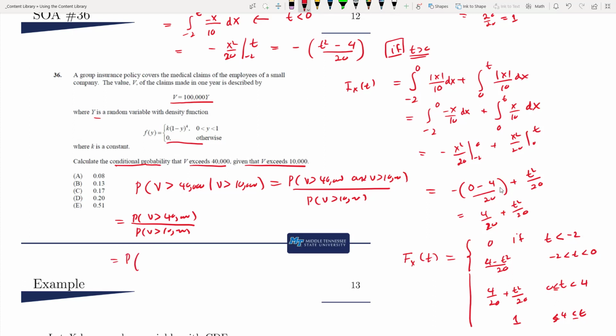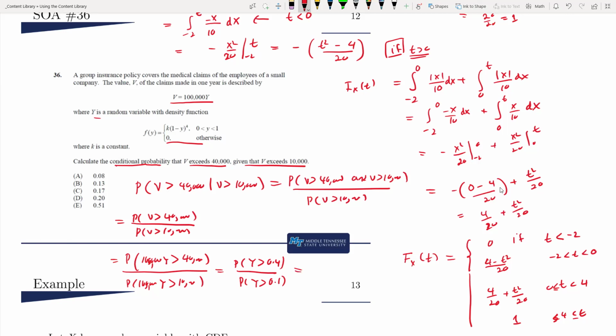V is basically 10,000 miles. So if I substitute that, 100,000, not 10,000, 100,000. So that would be probability Y more than 0.4 given probability Y is more than 0.1.